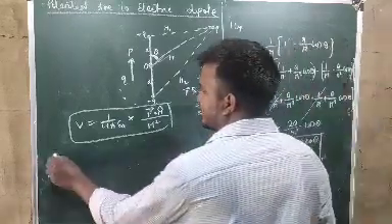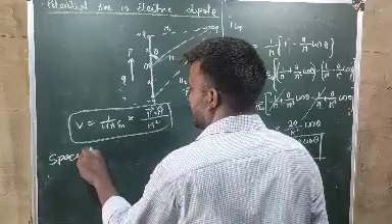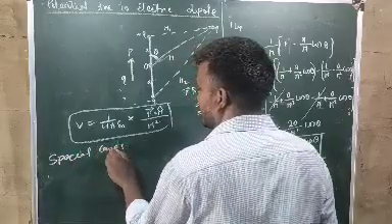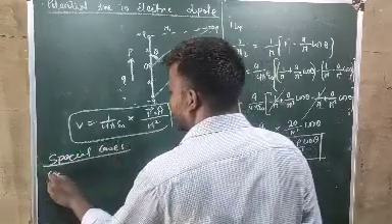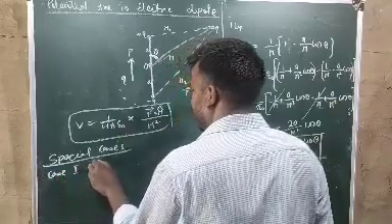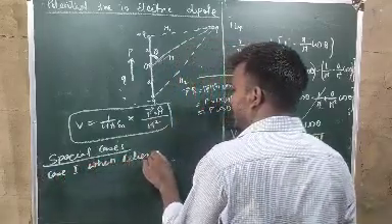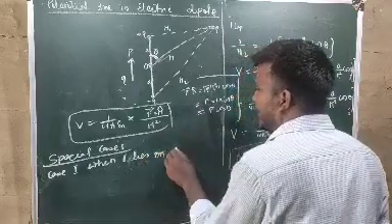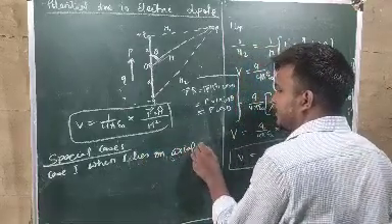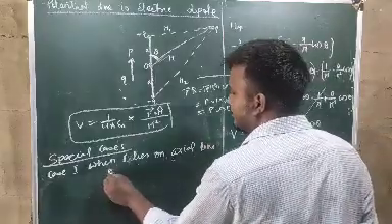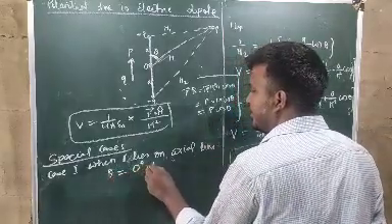Now special cases. Case 1. When P lies on the axial line, then theta may be equal to 0 degree and 180 degree.